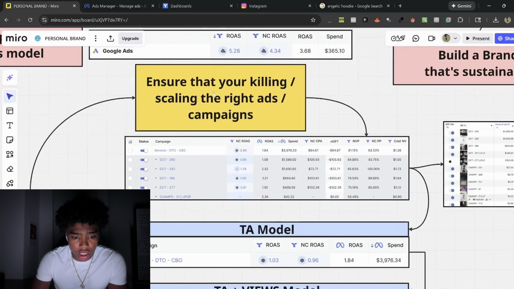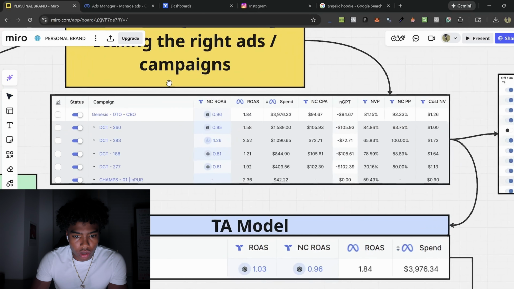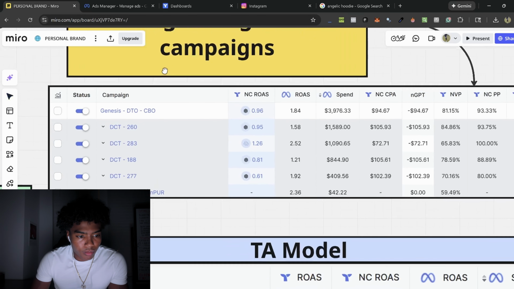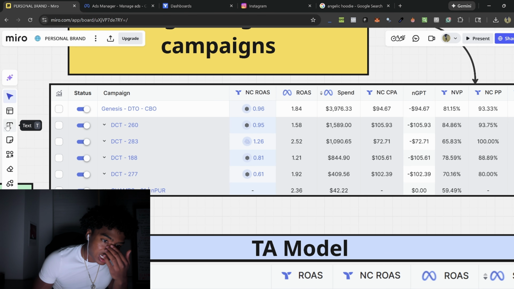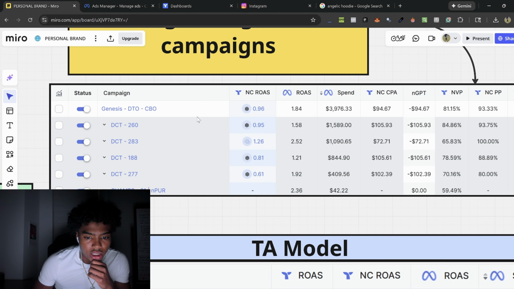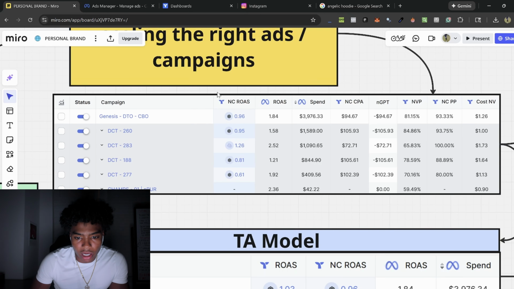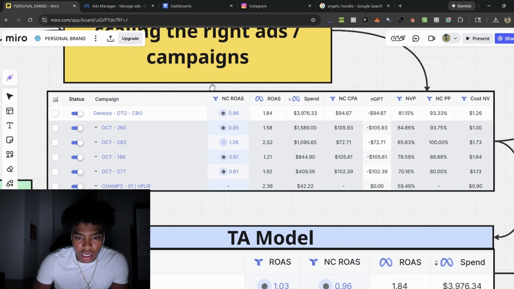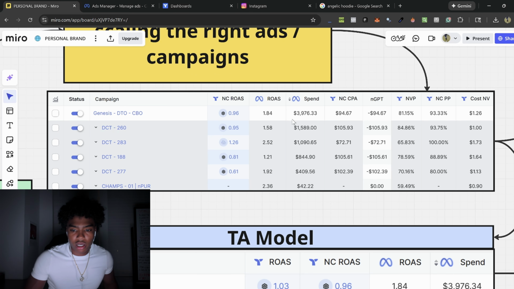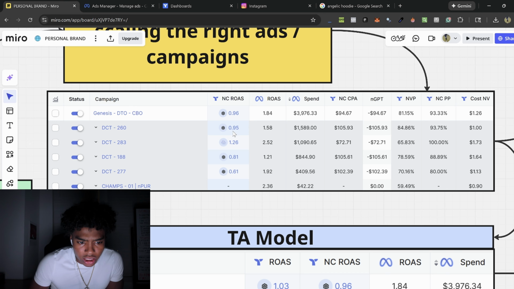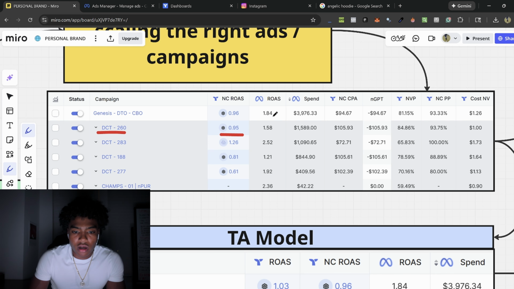So that's one point. And then, just looking at optimization inside the campaign level or the ad level, when we open up a campaign, we can see one of my campaigns is coming in at a 1.84 in-platform ROAS. And as you can see right here, let me get my marker, DCT 260 is coming in at a 0.95 with Triple Whale and 1.58 in platform.